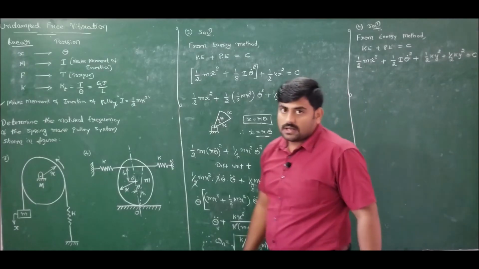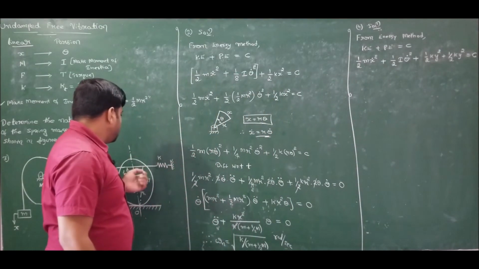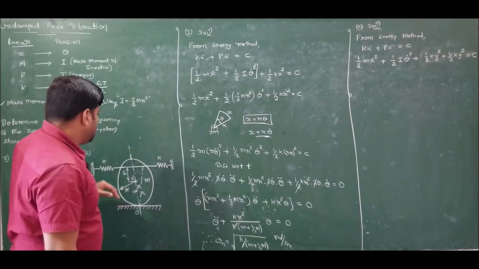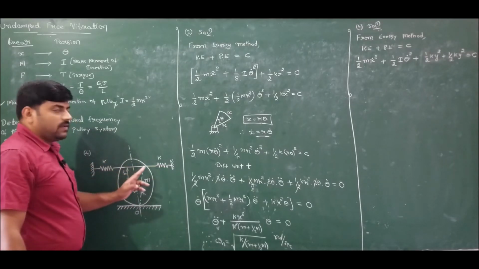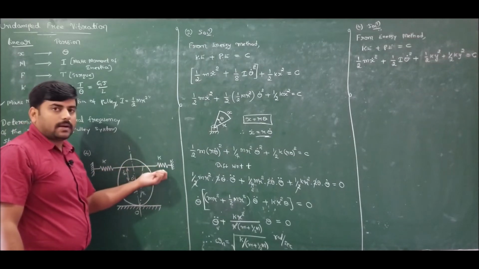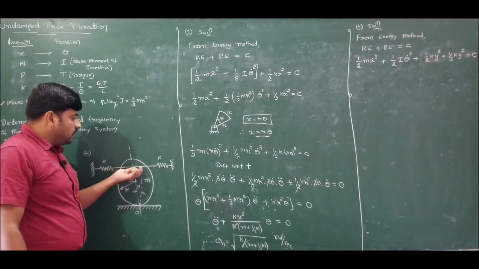Now I think it is much clearer. This spring is deflected by an amount y, hence half k y square. One spring is in tension and the other in compression, but the amount of deflection is the same. One spring will be elongated and the other compressed for the given deflection theta. Now what is the value of y?